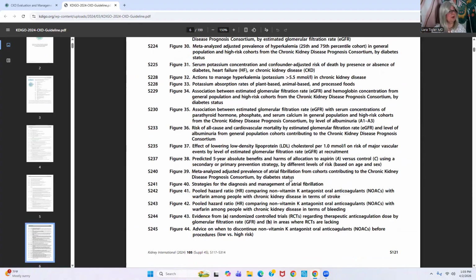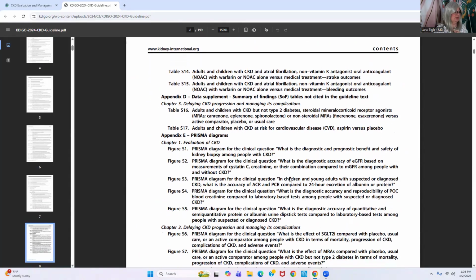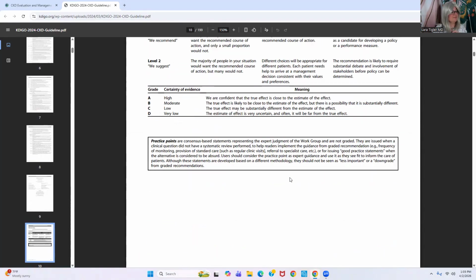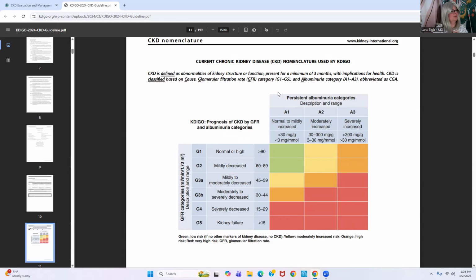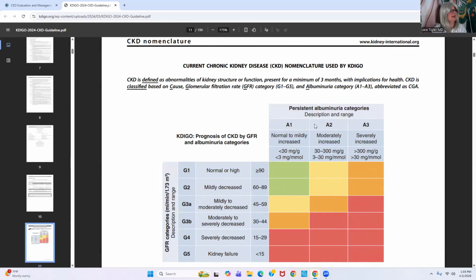There was another very important table I wanted to show you. This very colorful image here. Okay, so current chronic kidney disease nomenclature used by this organization. Nomenclature means language, or how we present the information.